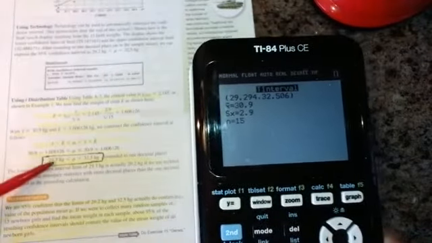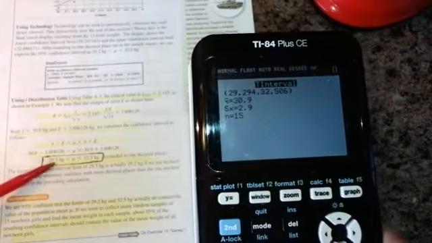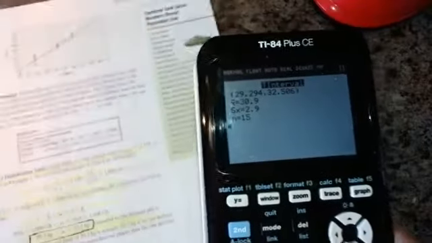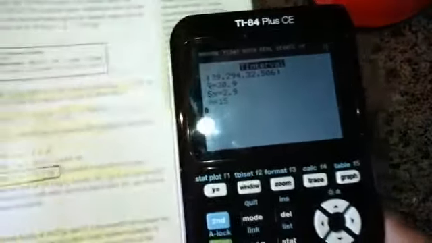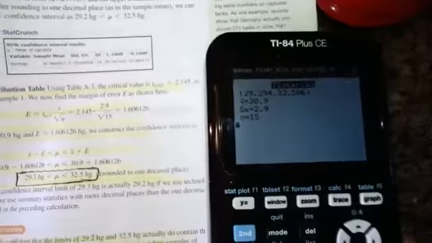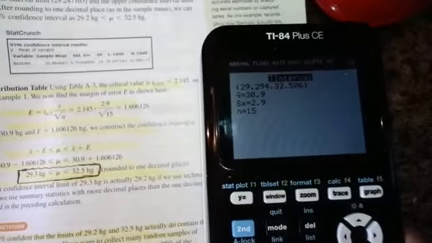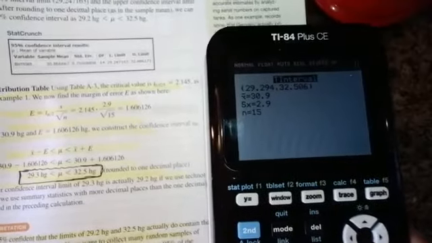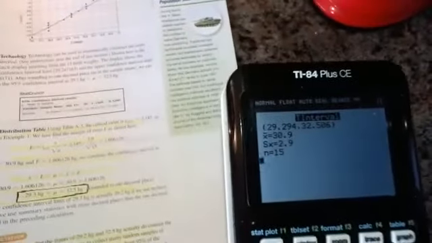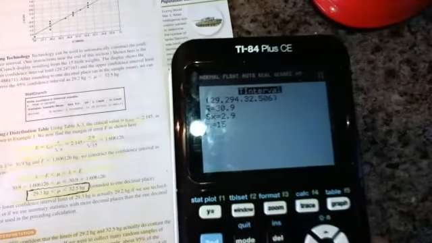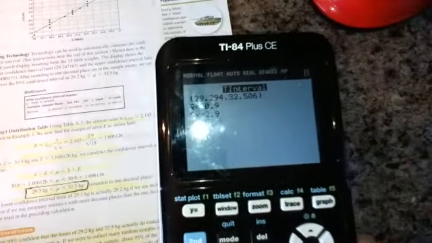Look at these numbers here. So you could always use your calculator and verify your calculations. Again, the T interval, which is number 8.